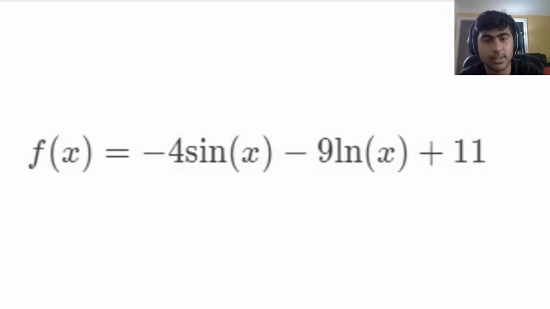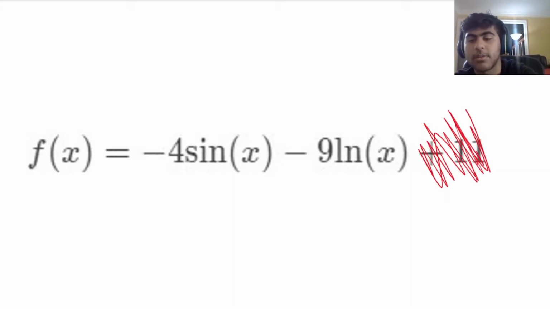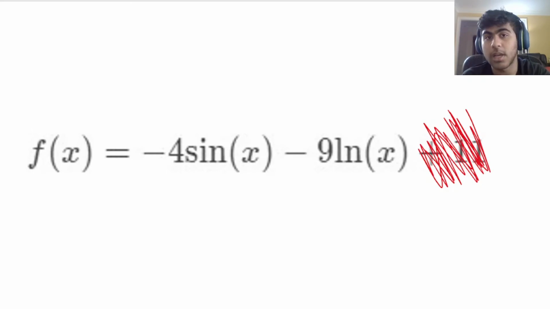All right, let's keep going. Another one, we see that plus 11. We don't need it because we know it's going to end up being 0. Now we can solve for the rest of it. Sine of x is going to give us cosine of x. Sine of x does not give negative cosine of x. You need to remember that sine of x gives cosine of x. Both of them are positive, but cosine of x gives negative sine of x.